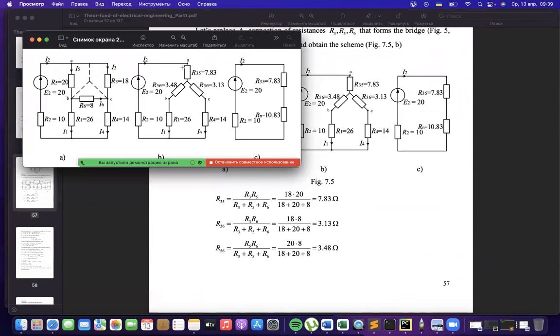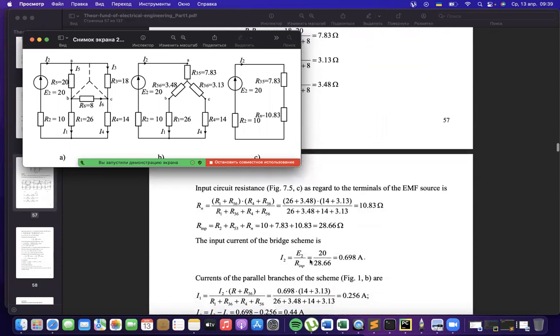Yeah, here it is. The first calculation for transformation, the second calculation as we discussed. Adding series connection, here it is, the pairs of resistors, then taking them in parallel, obtaining the whole one.